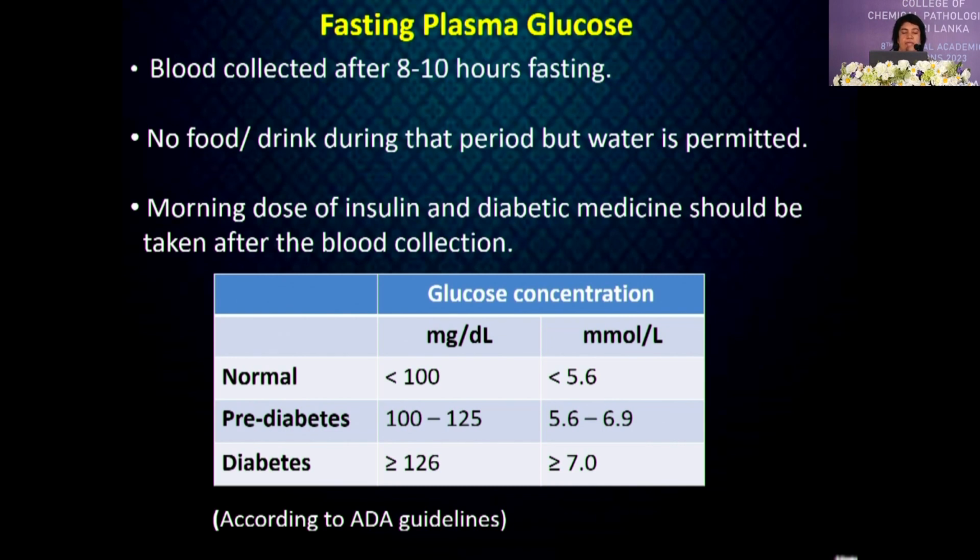For the fasting plasma glucose, 8 to 10 hours of fasting is needed. During this fasting period, no food or drink is permitted, but you can drink water. The morning dose of insulin and diabetic medicine should be taken after the blood collection. I assume you all know these cutoff values.